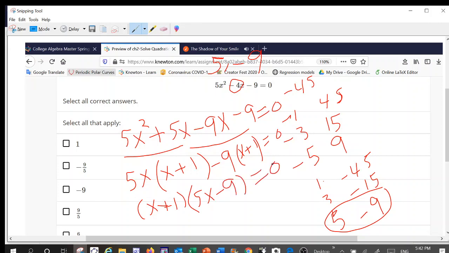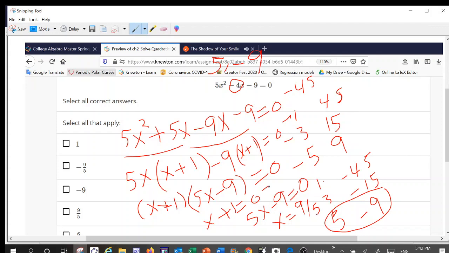Now we could say that either x plus 1 equals 0, or 5x minus 9 equals 0. And x plus 1 equals 0 gives us -1, and 5x minus 9 equals 0 gives us 9/5.